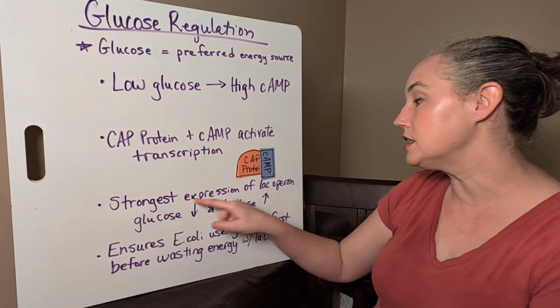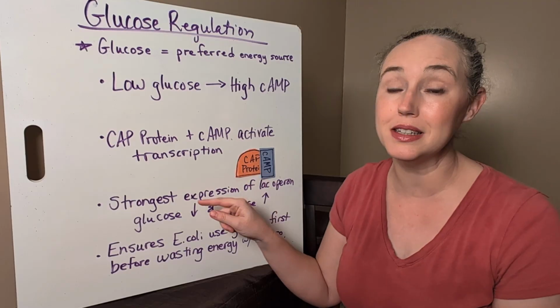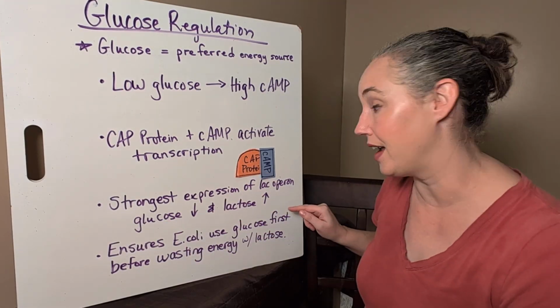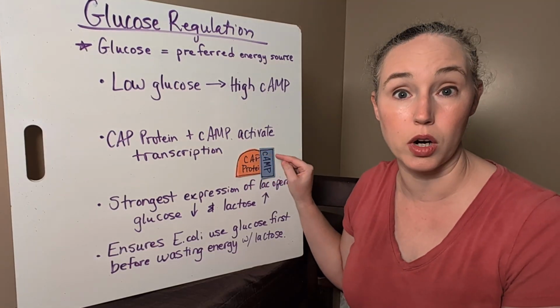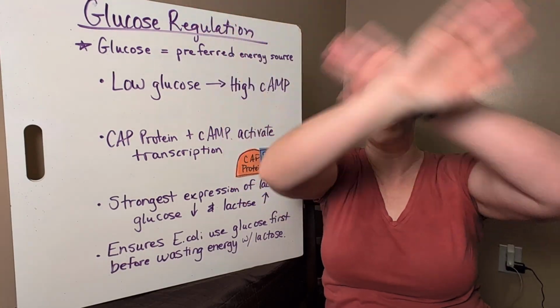So the strongest expression of the Lac Operon is going to happen when glucose is low and when lactose is high.